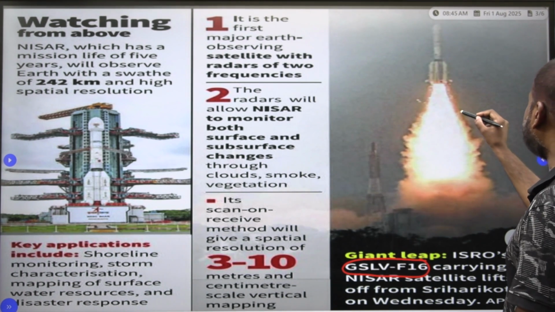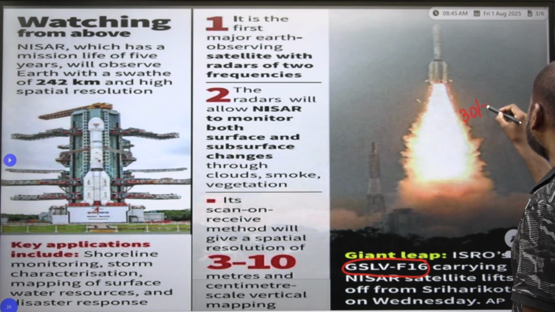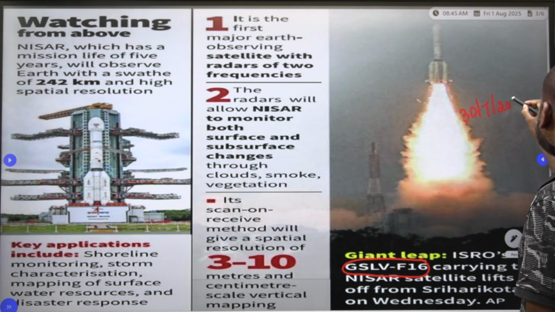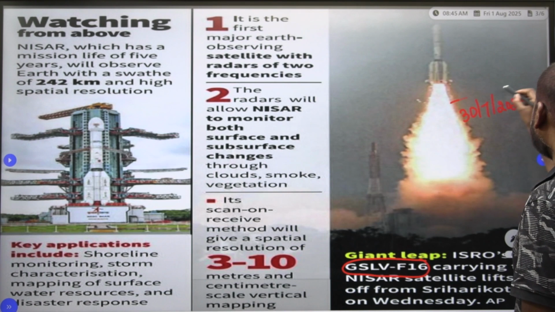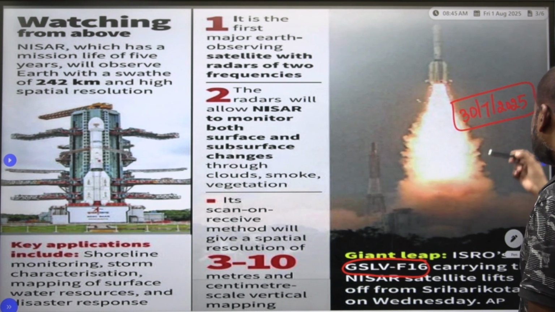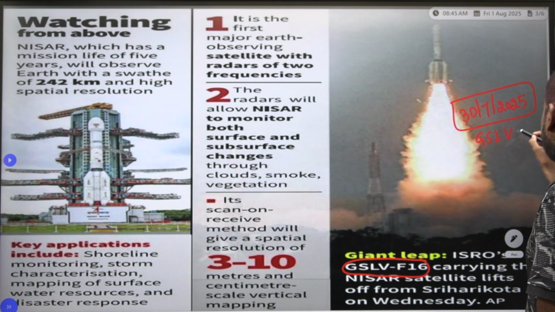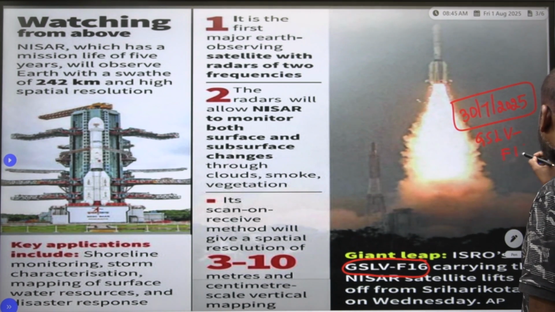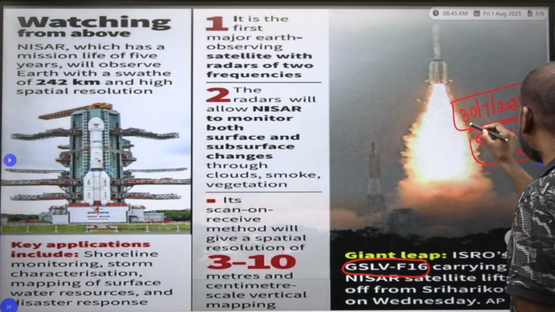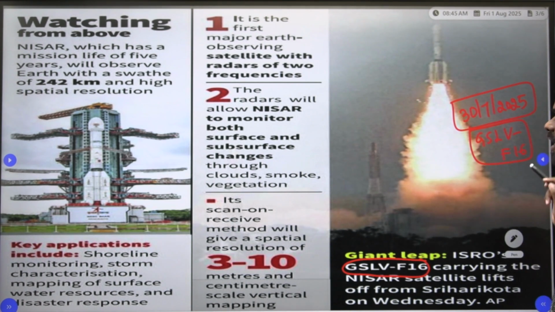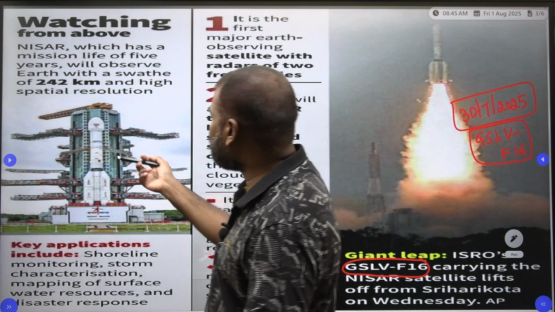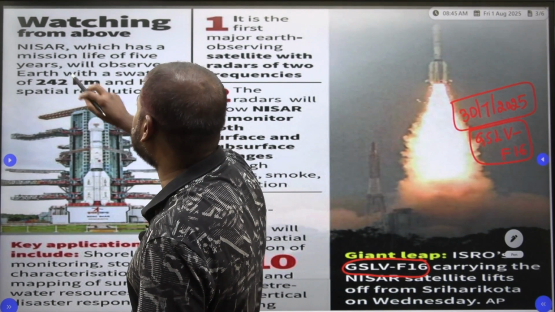So, on 30th July 2025, they sent the NISAR satellite through GSLV F16. Now, this is the GSLV F16.